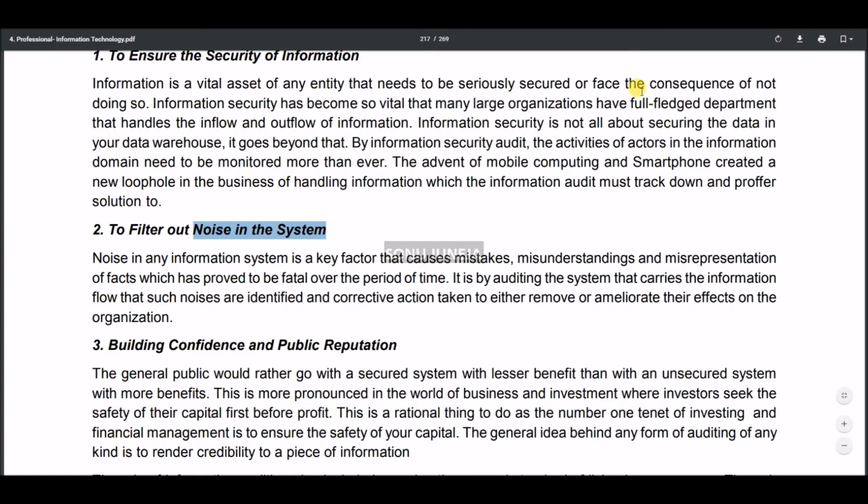So by the information which I have sought from Google, noise is something which can cause mistakes, misunderstandings, misrepresentation of facts, which has proved to be fatal over a period of time. It is by auditing system that carries the information flow that noise are identified, corrective actions are taken either to remove or ameliorate their effects on the organization.